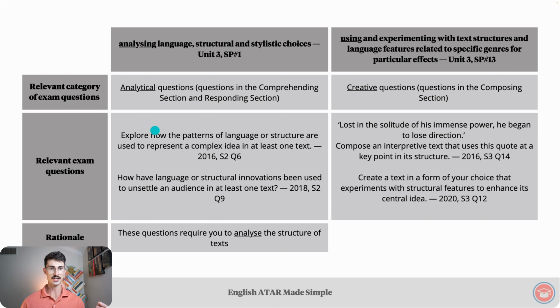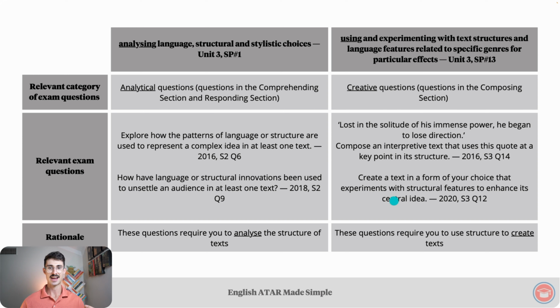Basically, the analytical questions require you to analyze the structure of a text. And then the creative questions require you to use structure to create a text. We'll go through this sort of exercise a few more times in this module, just for you to be able to see that link between the syllabus points and then how they actually manifest in exam questions.